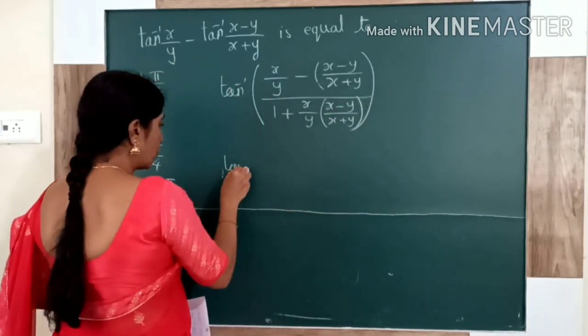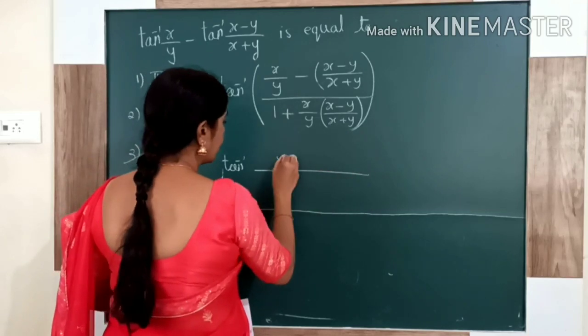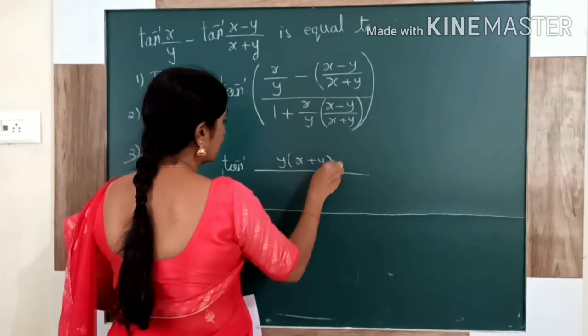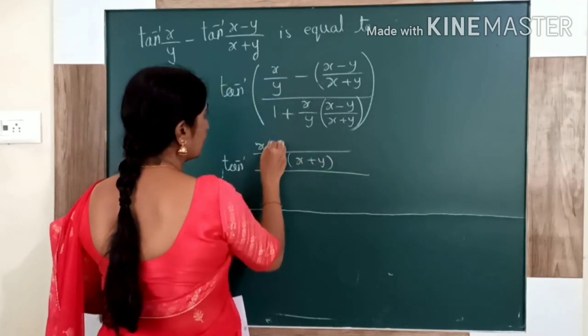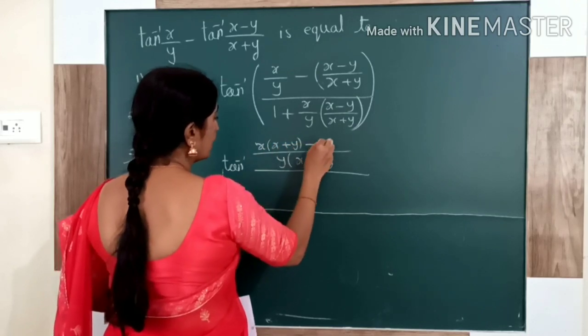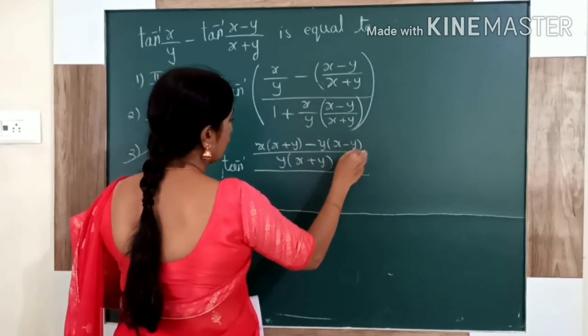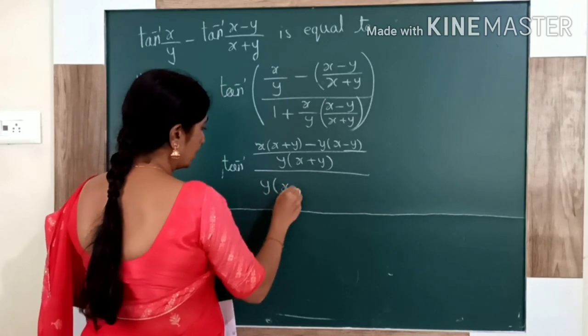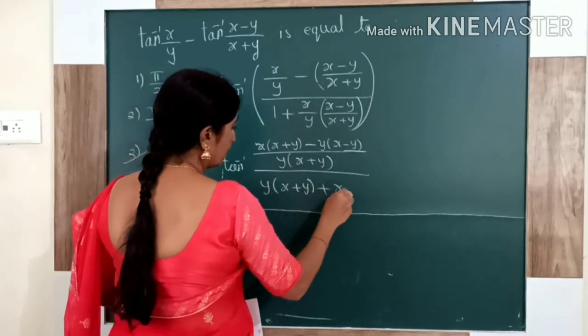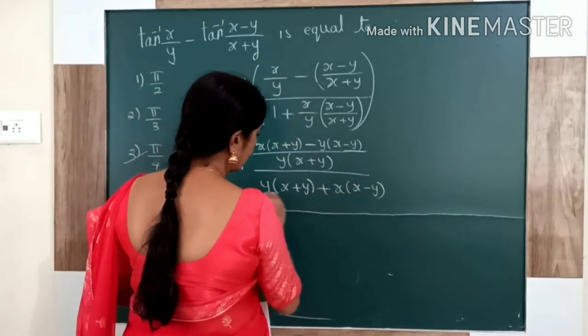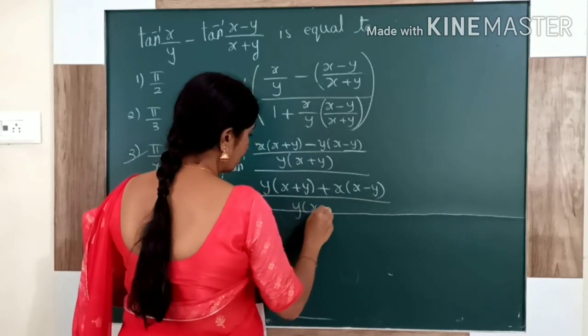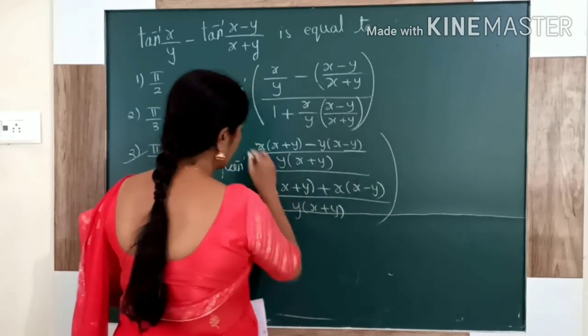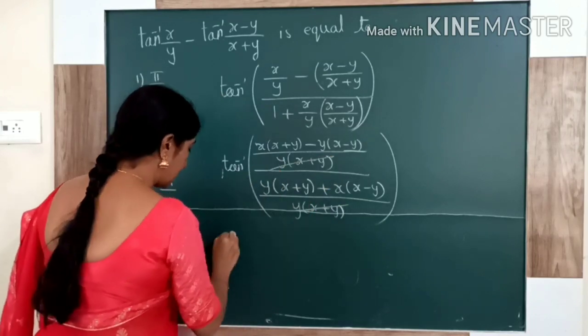Take the LCM for numerator and denominator. These can get cancelled.